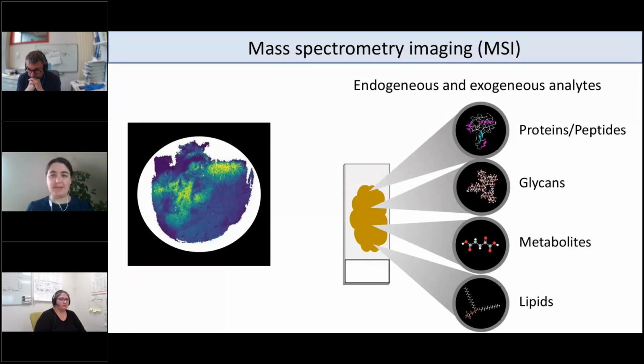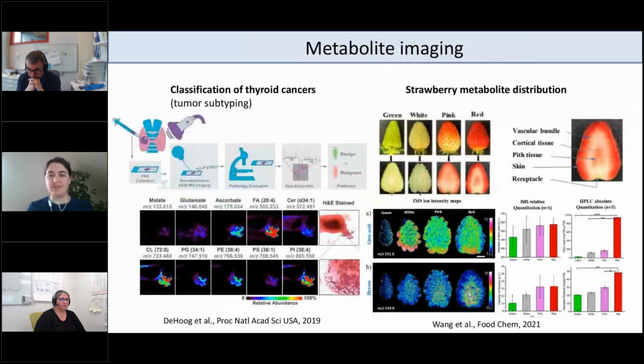Here are some examples of metabolite imaging studies published by other research groups. On the left-hand side, we see a classification study on thyroid cancers from the Eberlin lab. They had two types of thyroid cancer, one benign and one very aggressive, so very malignant.